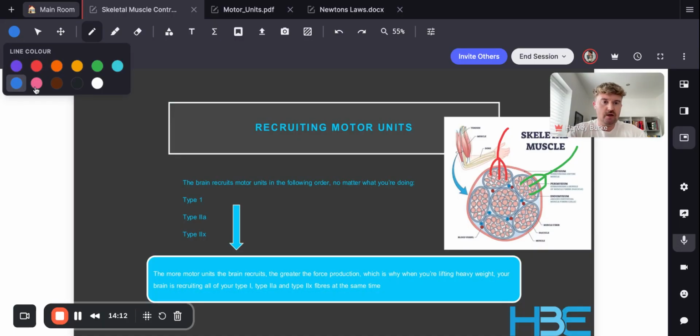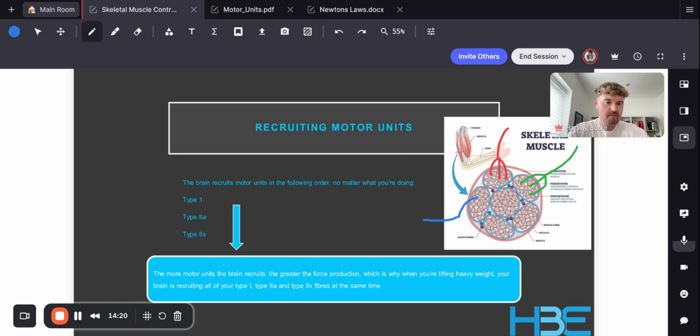So what they're asking you there is, instead of, let's say, the brain just recruiting this red motor unit, what would be the impact of the brain recruiting the red, the green, and the blue motor unit all at the same time? So what's happening there is that a larger proportion of the muscle fibers in that muscle are all contracting at the same time, and that would just increase the amount of force production.